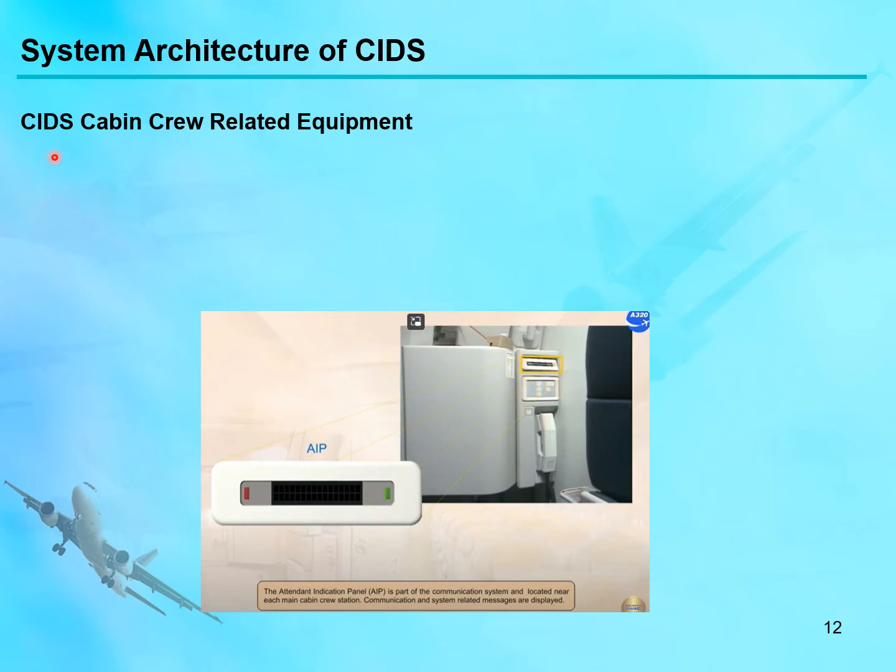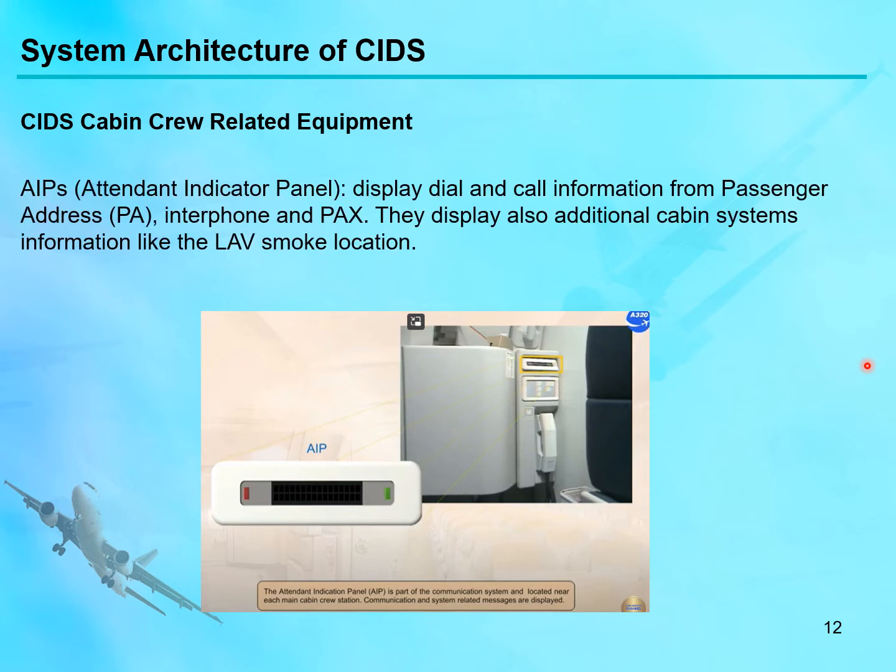Then we talk about this AIP. So this AIP is actually the attendant indicator panel. Okay, so it is located at the attendant station. So what it does is display call information for passenger address, the PA system, right?